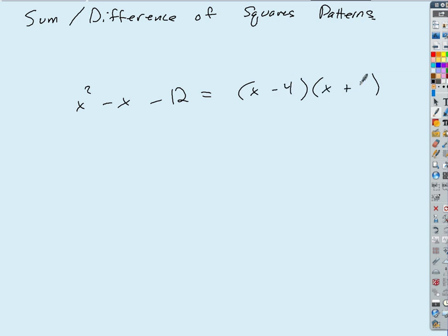Minus 4? Yes. Right? X plus 3 times x minus 4. And remember we said earlier that if we go from this expression to this expression, that's what we call factoring, if we're breaking something apart into a product of smaller factors. And if we reverse that process and start here and go to here, what do we call that?